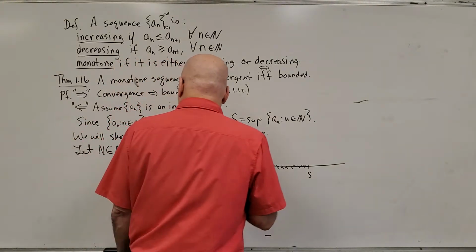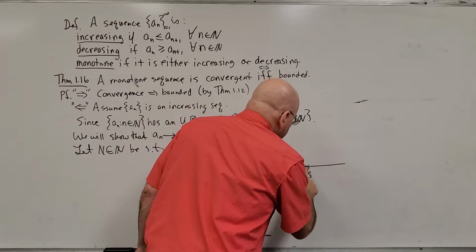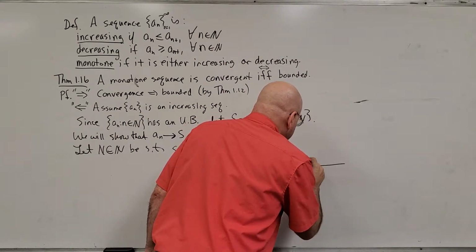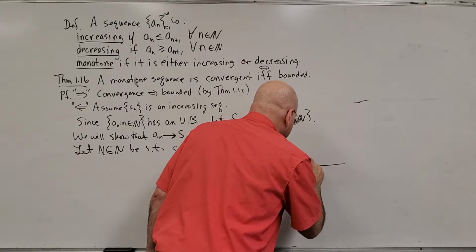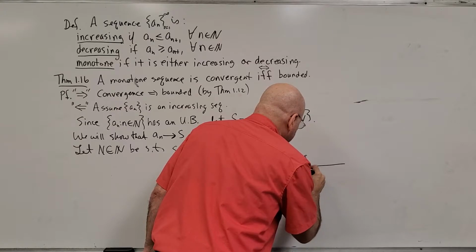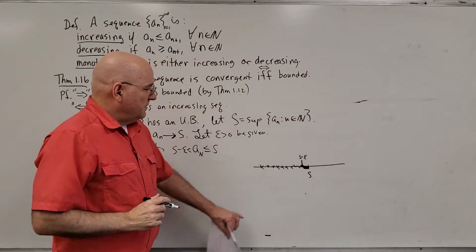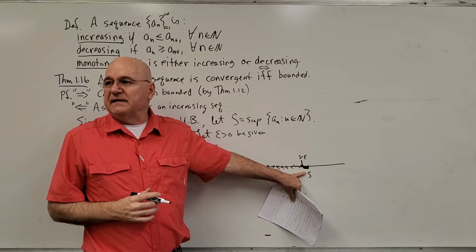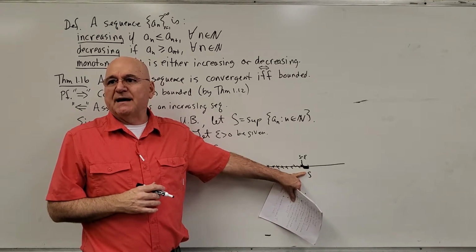But if there were no element in this area right here that I'm highlighting, if there were no such element, then S would not be the least upper bound. It would not be the supremum.